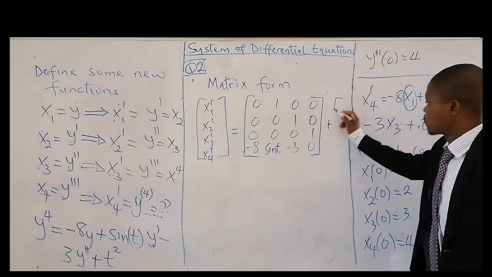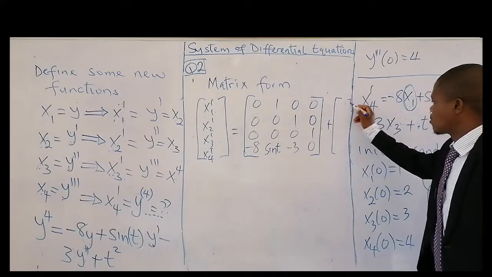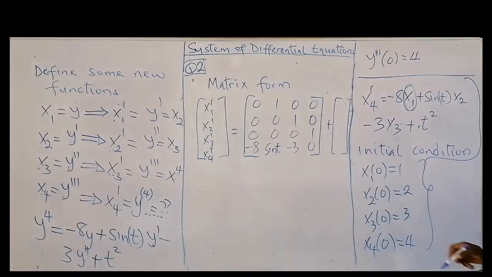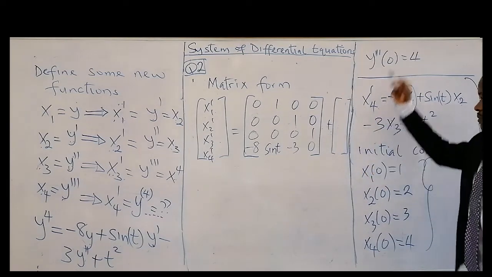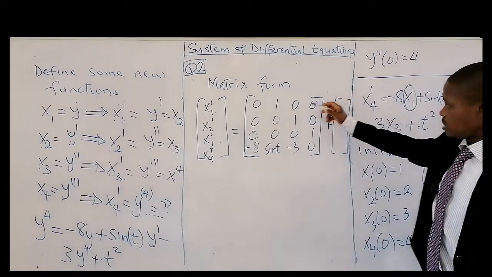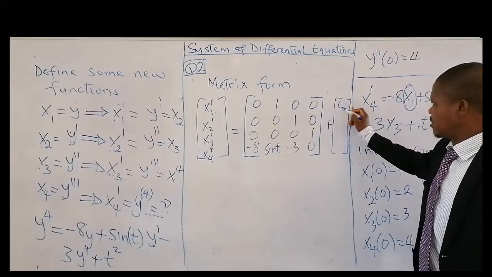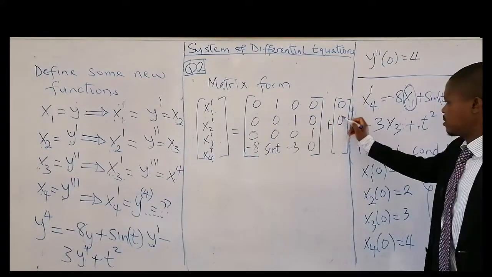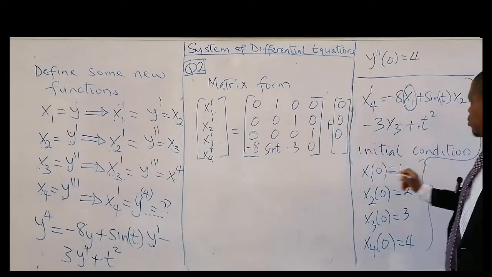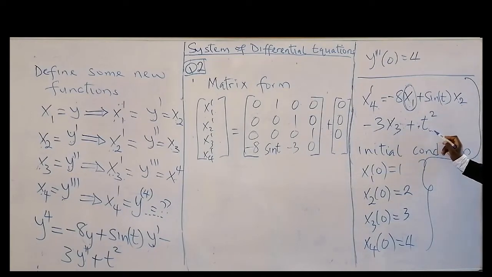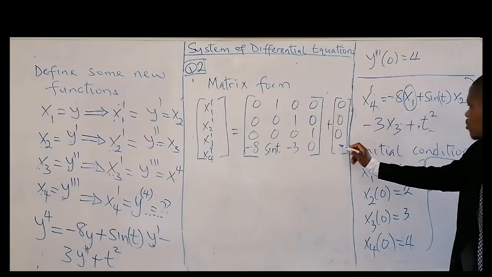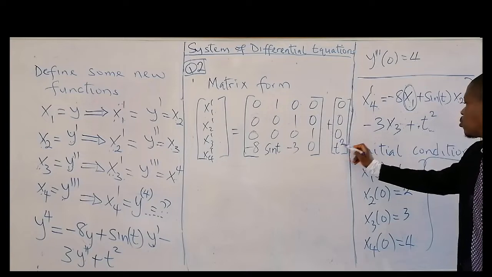So that will be equal to plus this, the non-homogeneous part. For x1, we don't have t, that's 0. We don't have t for the second equation either. We only have t in the fourth equation, and that's t squared.